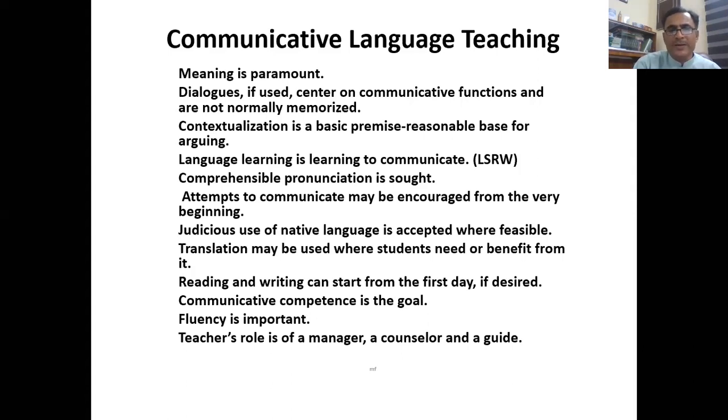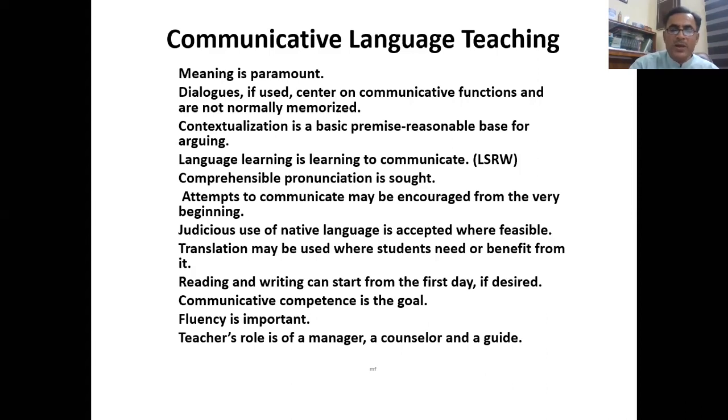Judicious use of the native language is accepted where feasible. So people could use their language, with no strict ban on it. If somebody is not able to speak in the target language, he can express it in his Sindhi language or Urdu language. Many times, if you remember, we as teachers of English, once we come to the classrooms, at times explain some concepts in Sindhi and Urdu.